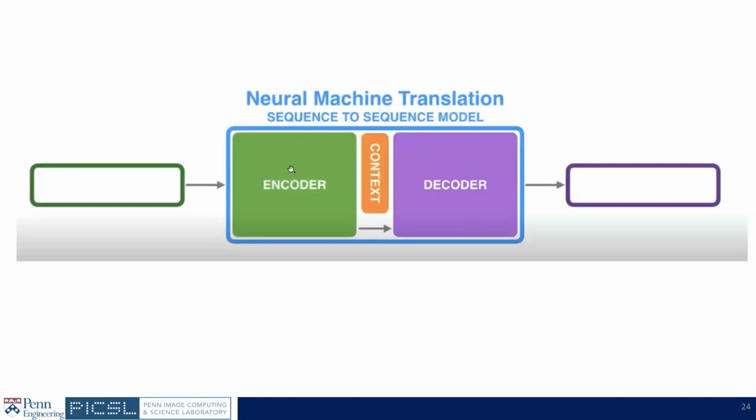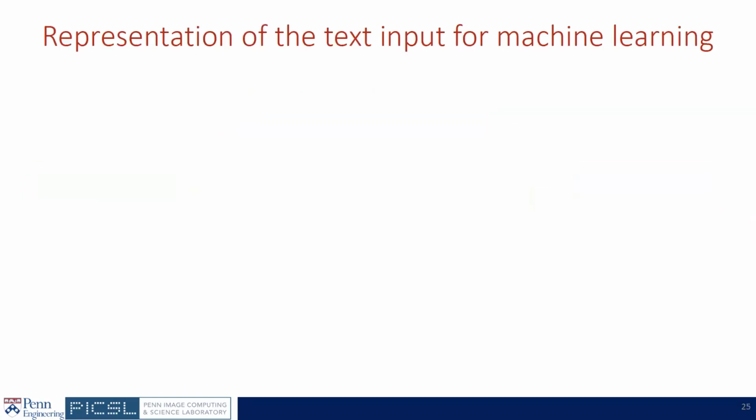So think of this encoder, which encodes the sentence. There is some context, which is like the bottleneck features, and then you have a decoder, which would decode your sentence into the other language, right? And as you can guess, each encoder and decoder block would have a series of different components stacked one after another, just as you had in your CNN, right?